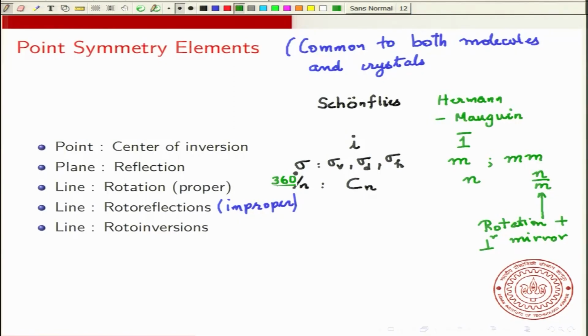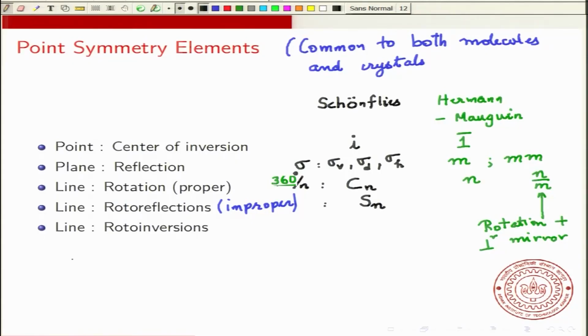Okay. Now additionally you have rotoreflections. Now these are not used in crystals, but in molecular notation these are denoted by Sn. Sn means rotation by 180 by n degrees followed by a reflection in a plane perpendicular to the rotation axis.